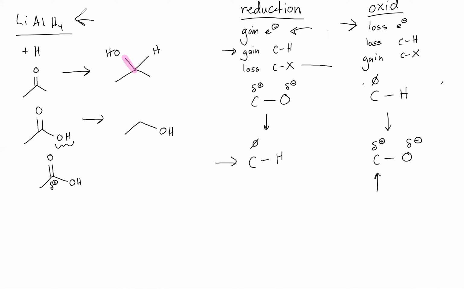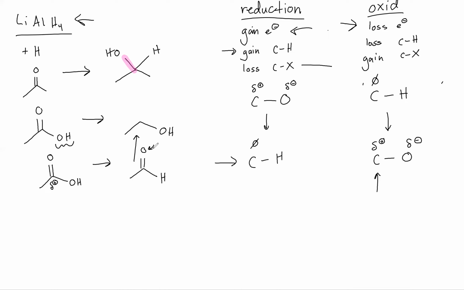So essentially what's going to happen is it's going to react once and replace that OH with an H group, and then it will react again. Oh, sorry, that should be an H, not an OH group. Sorry, I just drew the same carboxylic acid. And then it will react again and turn this oxygen into an OH group using the same exact mechanism that we saw before when we had an ester.